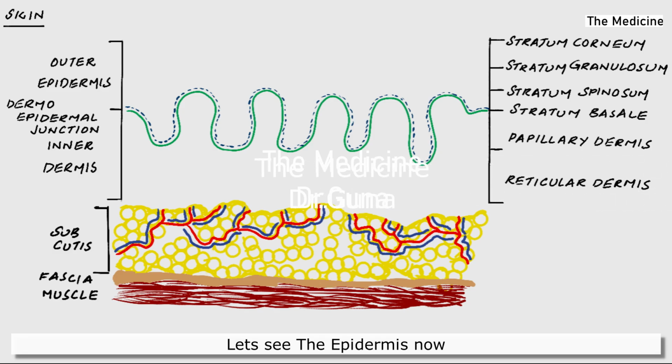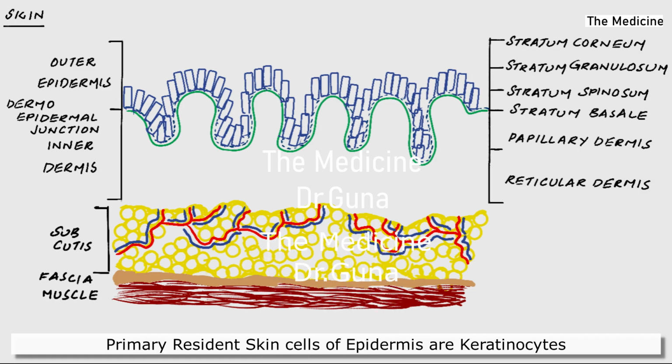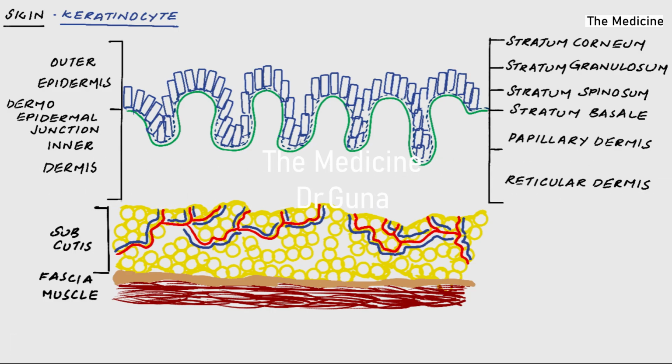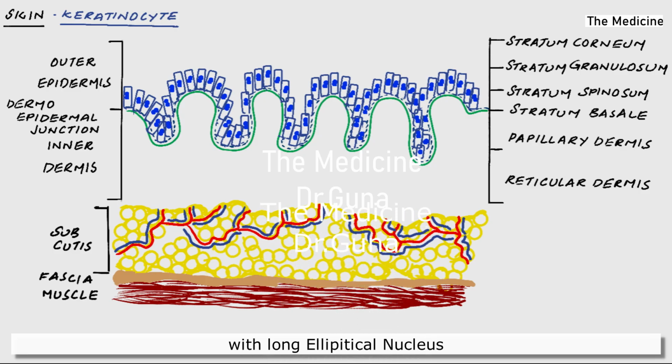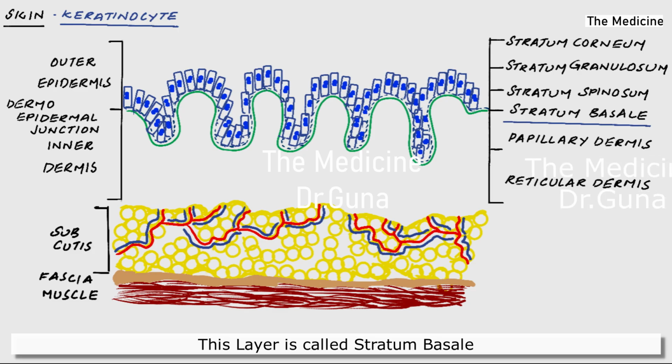Let's see the epidermis now. The primary resident skin cells of epidermis are keratinocytes. Basal keratinocytes, a tall columnar epithelium that holds long elliptical nucleus, and this layer is called stratum basale.